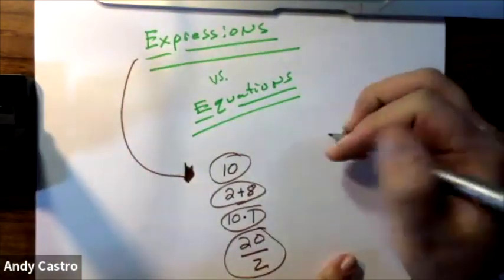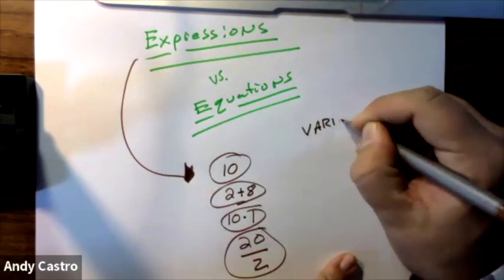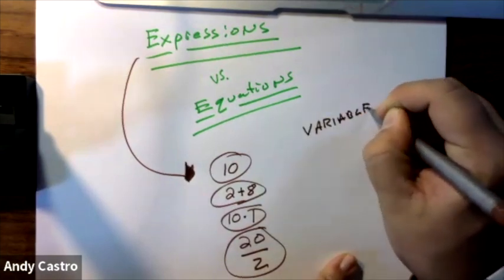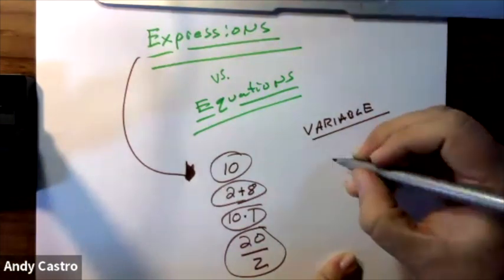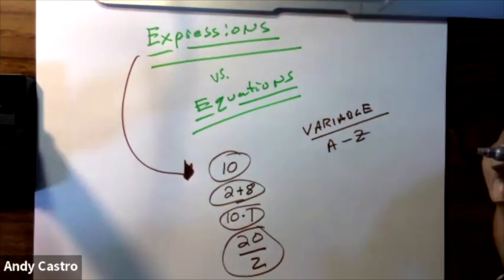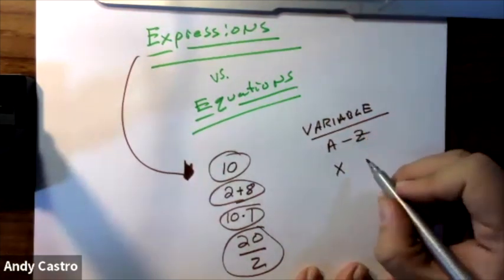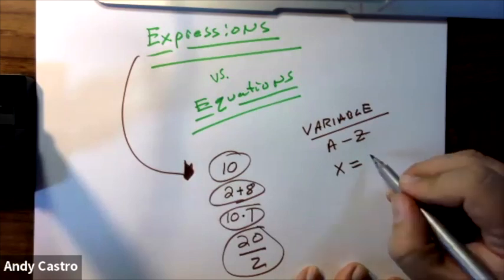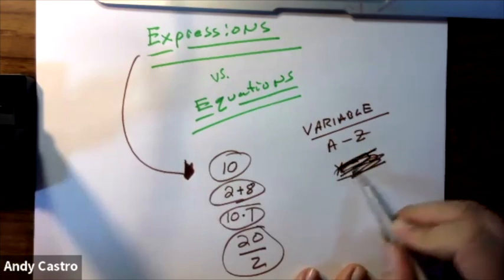Now, when I introduce a variable, like I said earlier, it is denoted by an English letter, so anything between A to Z. And we typically use the letter X as one of our starting variables. So here I'm going to say, well, let's not do an equation yet.